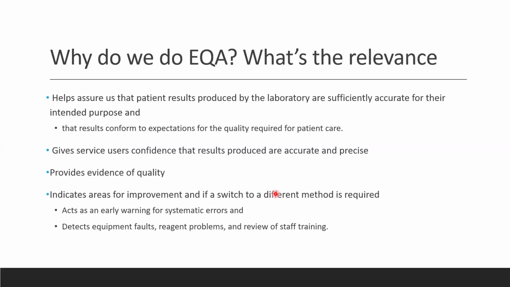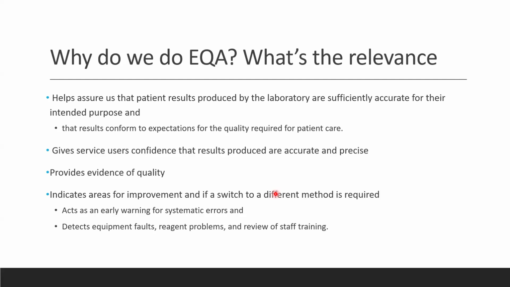So the question is, why do we do it? I think there are two key elements of the EQA. At the heart of EQA is the patient. For that reason, EQA helps assure us that the results produced by the laboratory are accurate and precise, and that the required standards are met to assure us of the quality of the results.